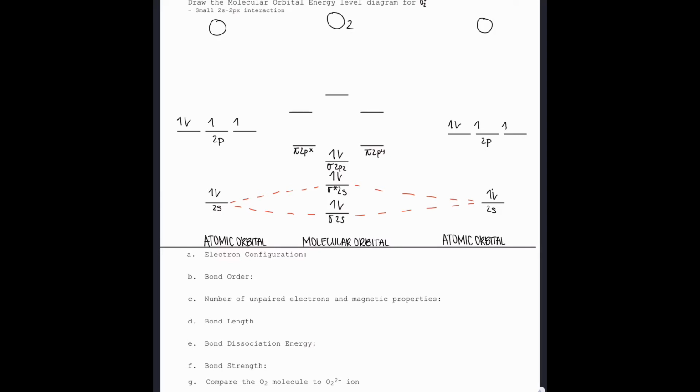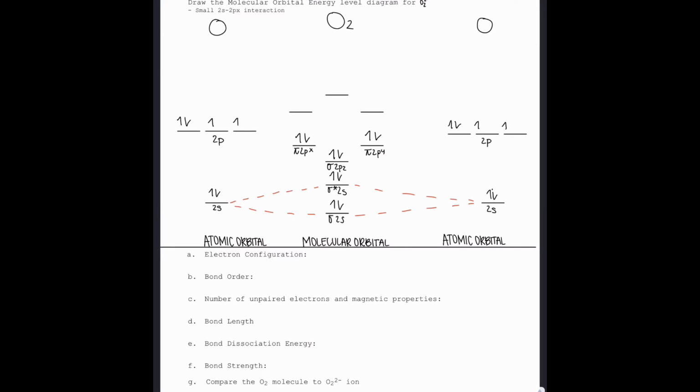We will then fill up those orbitals. So there would go an electron in the pi 2px and then the pi 2py. And then we go back and add 1 electron to both of those, which gives us 2, 4, 6, 8, 10 electrons so far.